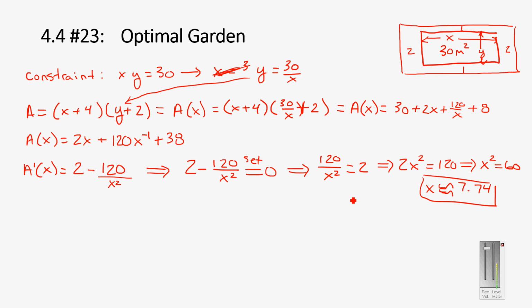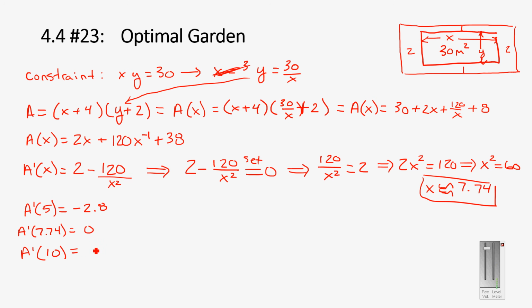Now you might say, well, is that a minimum? Is that a maximum? How do we know? Well, one of the ways you could do it is you could substitute in this equation. You could say, well, what's A prime of 5? What's the slope at 5? I find out it's negative 2.8. The slope at 7.74, which we just did, we know that that's a critical point. The slope is 0. And then you could find out what the slope is, let's say, at 10.